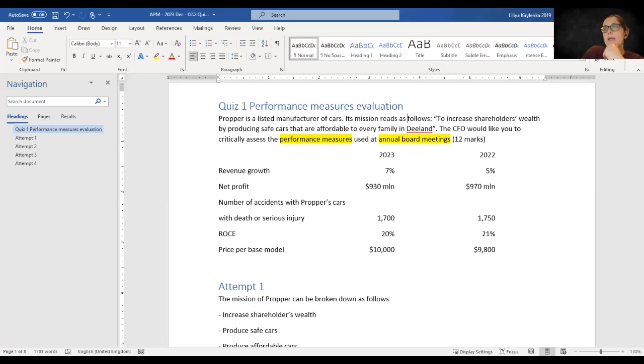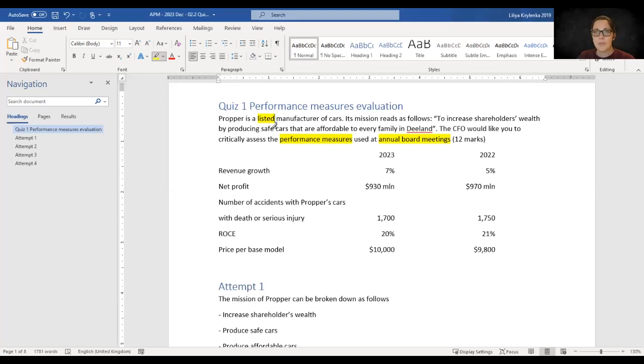We have a company that is listed, a listed manufacturer, so it has shareholders that look at widely used metrics, such as market share price, dividend growth, and return on capital employed, because these are metrics they have access to. If you're a shareholder, you do not see any detail for a company. You just go to some investor agency and they give you financial statements, and that's basically it.